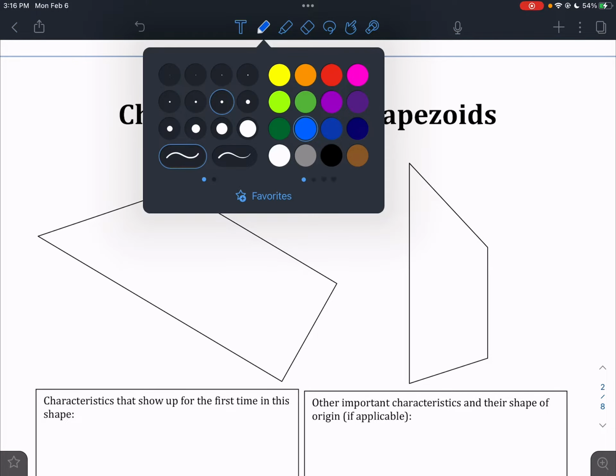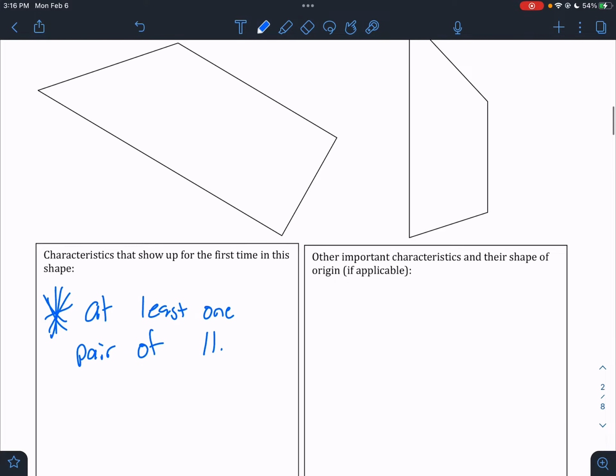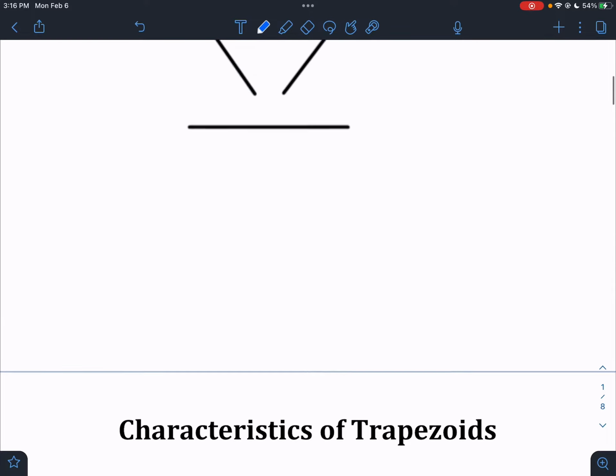Using inclusive definitions, we would say that trapezoids have, and this is a big deal, at least one pair of parallel lines. That is the inclusive definition. The exclusive definition would say exactly one pair. And that changes things quite a bit.